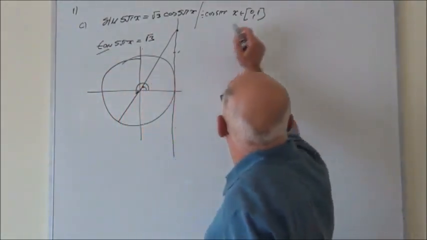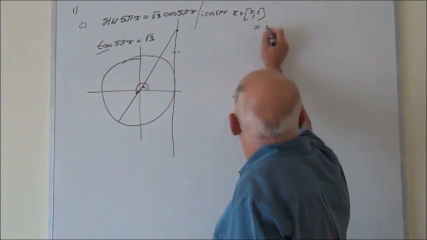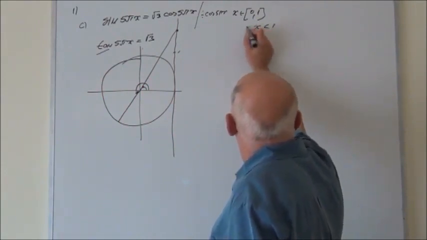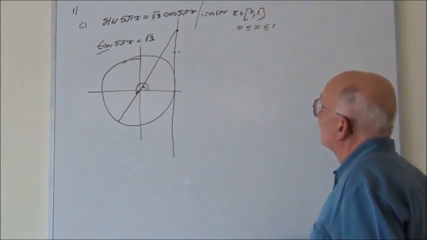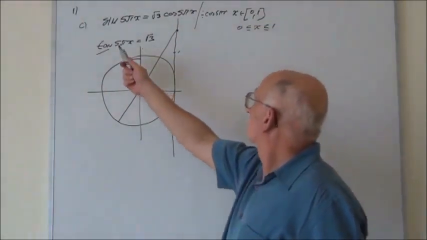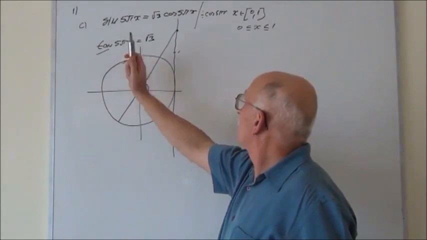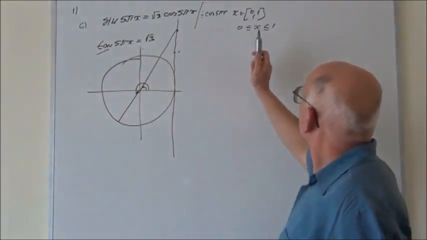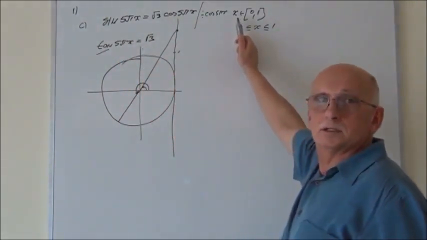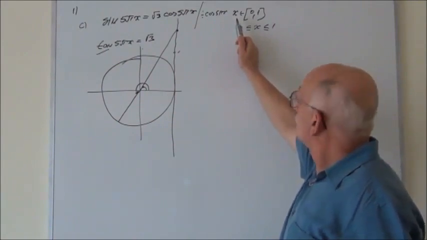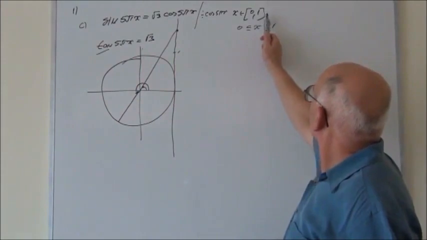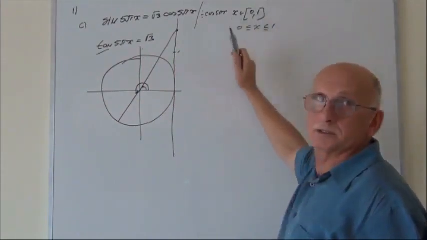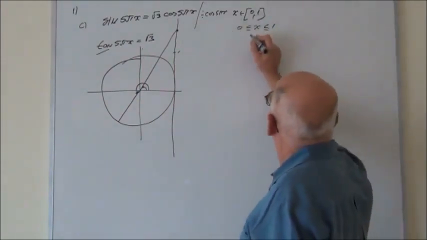Now we have to adjust the domain. So we have this situation here, and we have 5 pi times bigger angle than this one here. So we need 5 pi on both sides to increase.